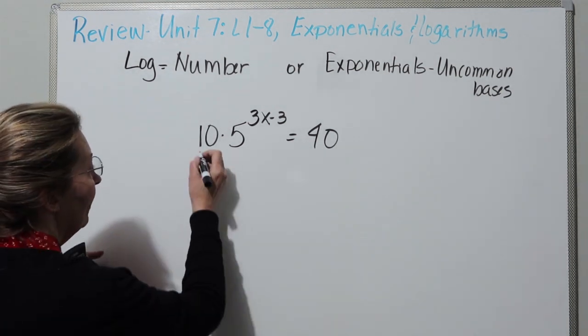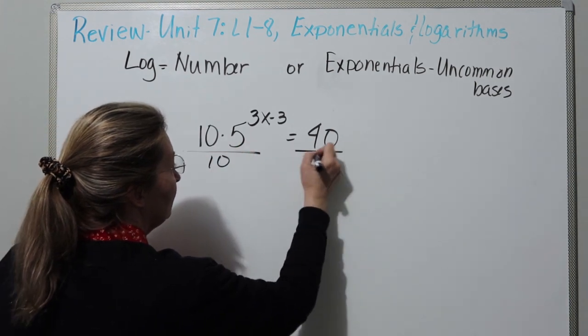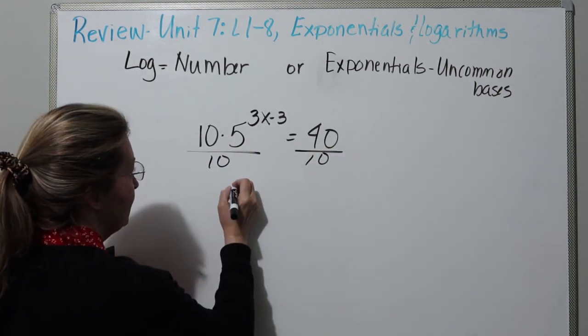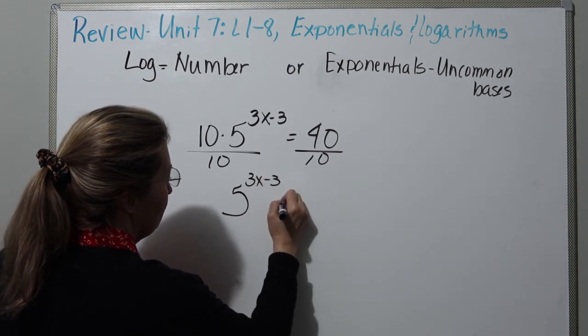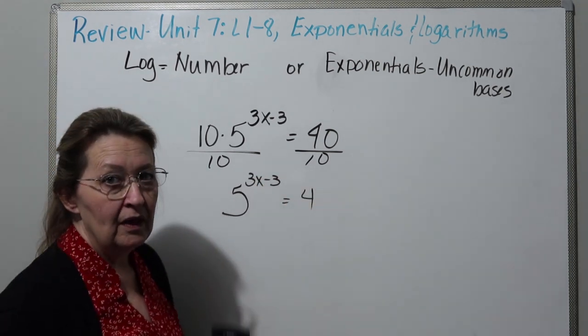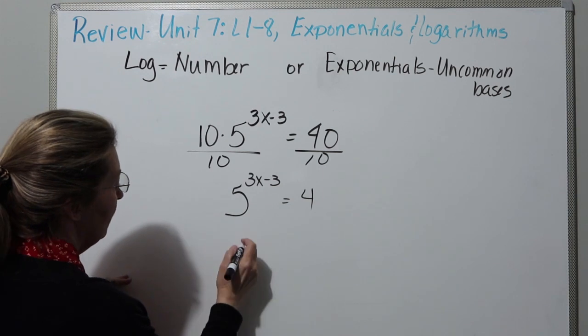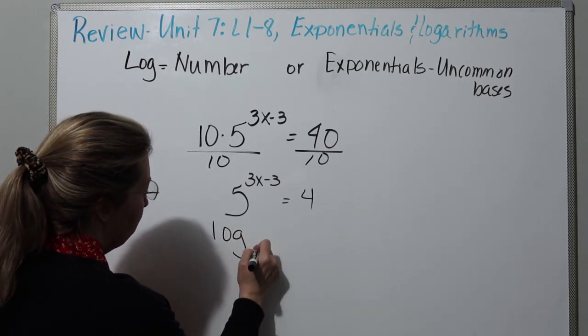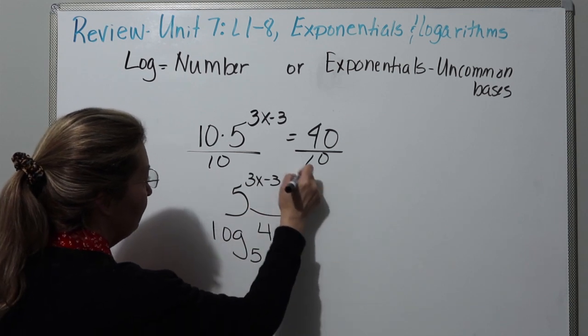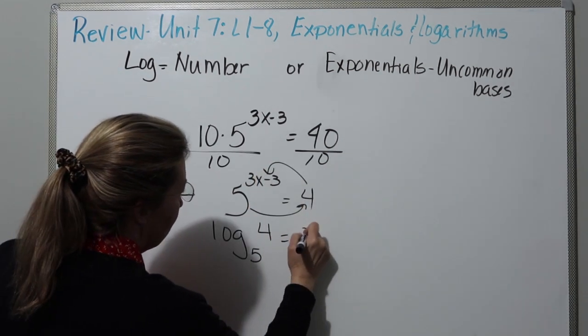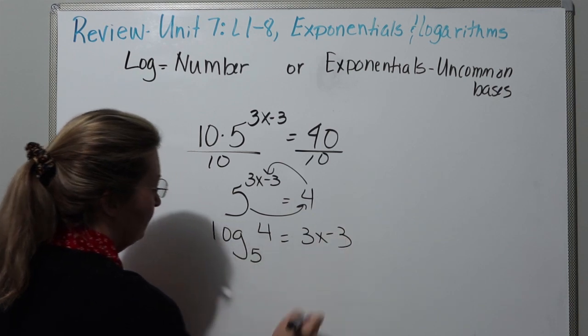It's been multiplied, so to get rid of it, I'm going to divide both sides by 10. Now I have 5 to the 3x minus 3 equals 4. Converting this to logarithms, I'm going to have log base 5 of 4. Remember, you're swinging over here, and then your exponent goes over here.